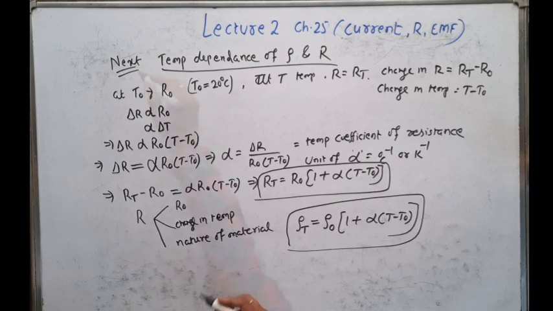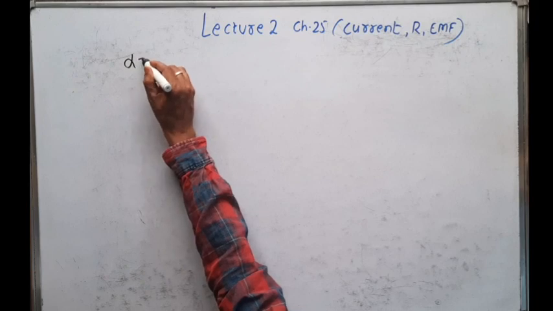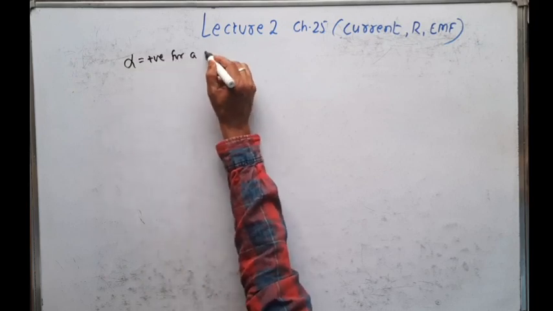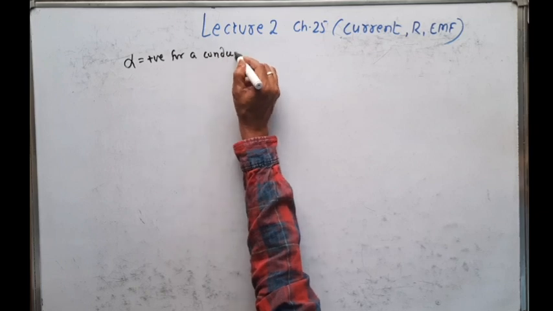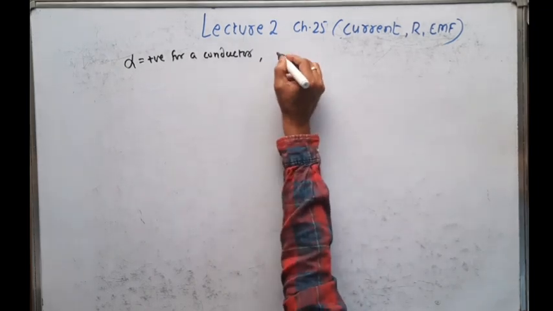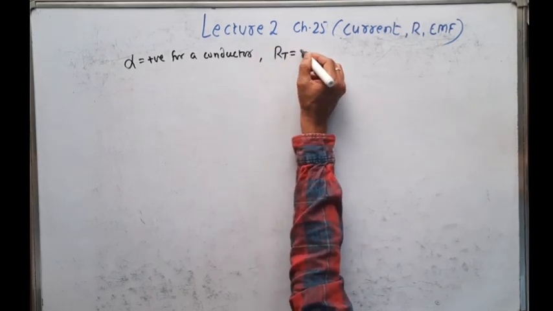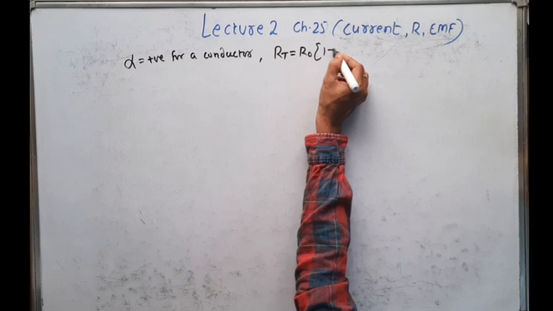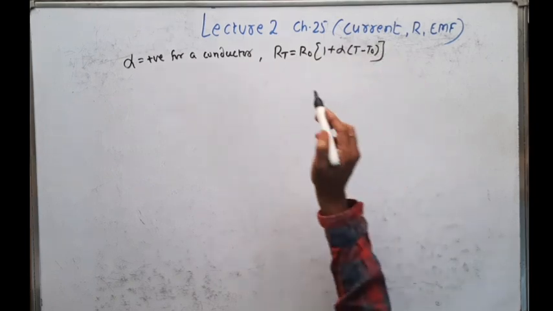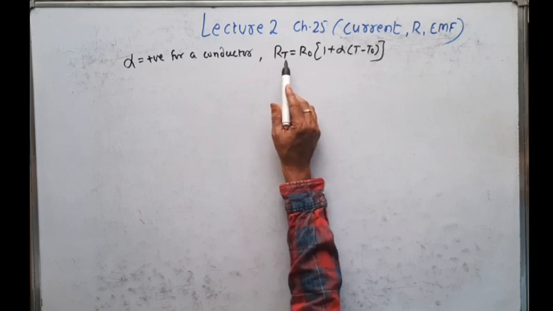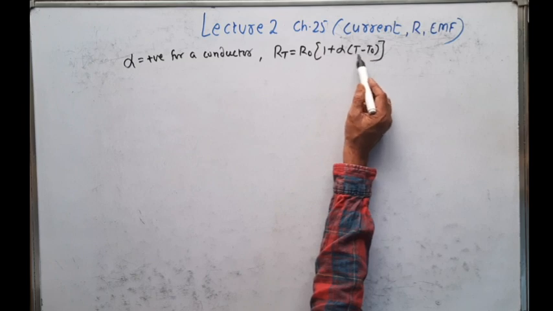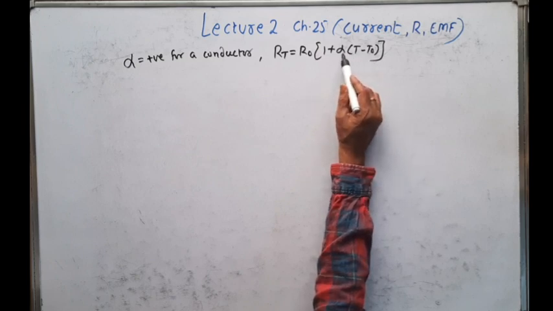We can see alpha value is positive for a conducting material. For a conductor, alpha is positive. We know RT is equal to R naught into 1 plus alpha into T minus T naught. As temperature increases, T minus T naught is positive, and alpha is also positive.